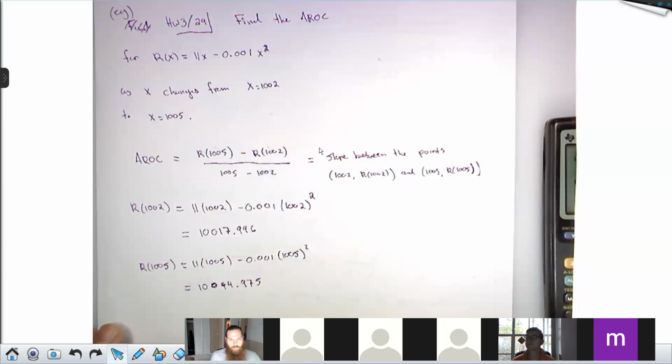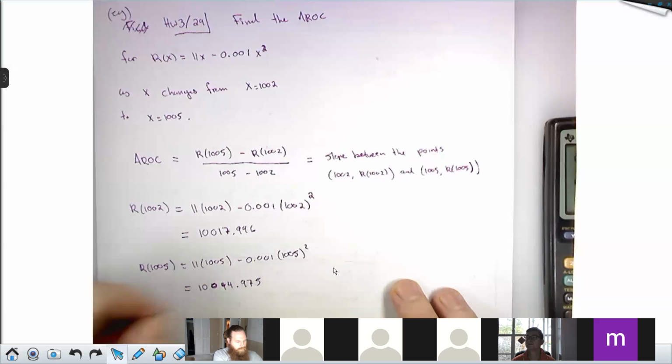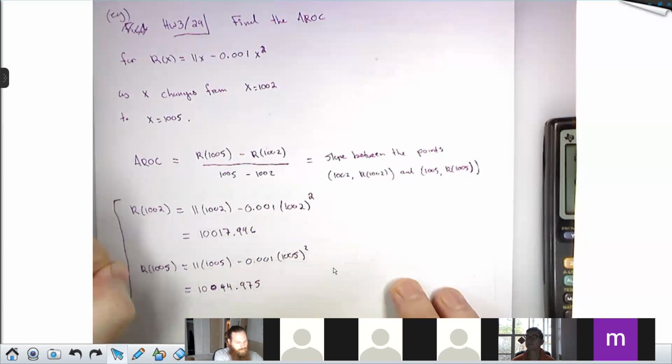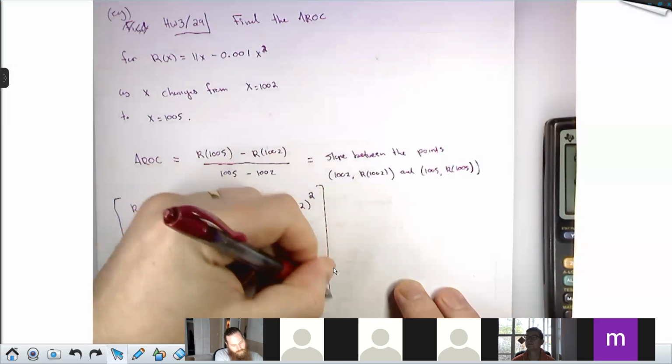That's the slope between the points (1002, r of 1002) and (1005, r of 1005). And the way we calculate that slope is using the average rate of change formula from the previous page. Now that we have these numbers, we can plug them in. So here's our little bit of side work to find those numbers.